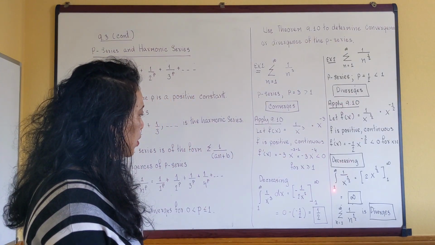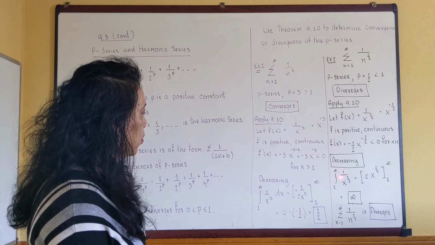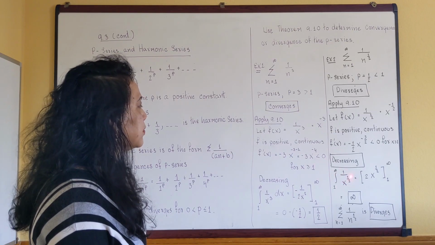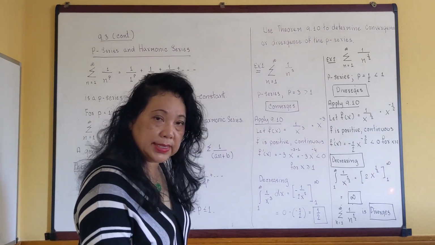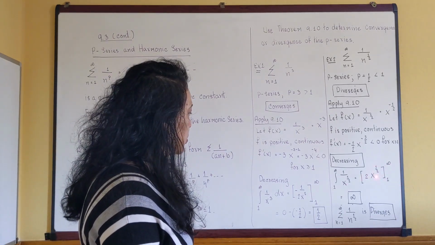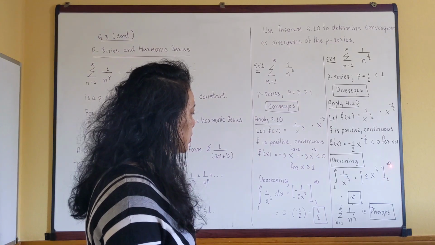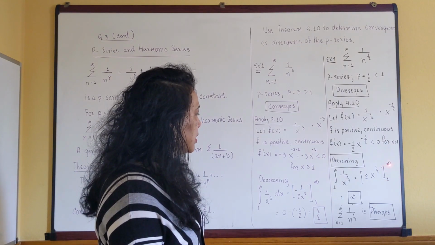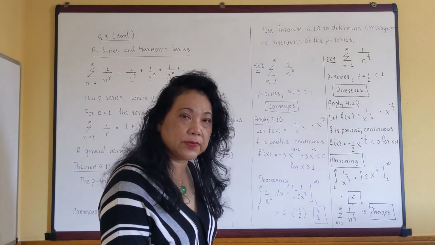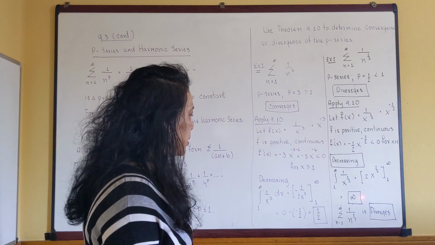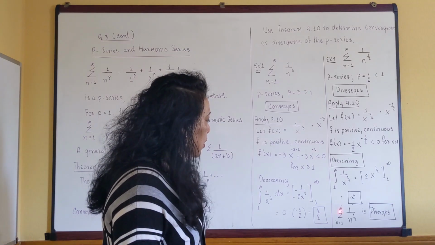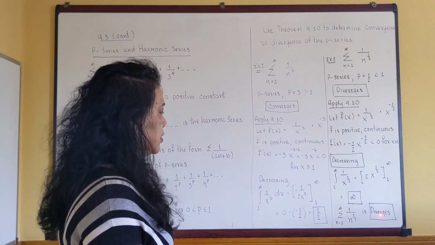Again, I take the integral from 1 to infinity of 1 over x to the 1/2. I skip the improper integral, but the result will be the same, which is 2x to the 1/2 from 1 to infinity. My upper bound is infinity. If I substitute infinity into my x, I'm going to get infinity. Infinity plus 2 is infinity. So the series diverges.